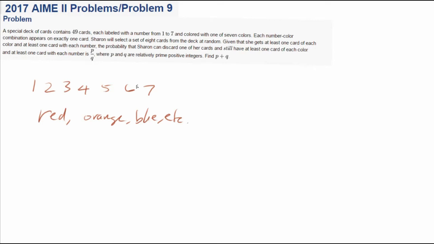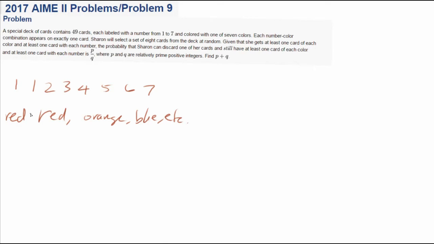So without loss of generality, let's say this number is 1. Let's say she has an extra 1 in her hand. It could be any of the other numbers. And without loss of generality, let's say the extra color that she has is red, because she must have an extra color and an extra number since she chose 8 cards, not 7.